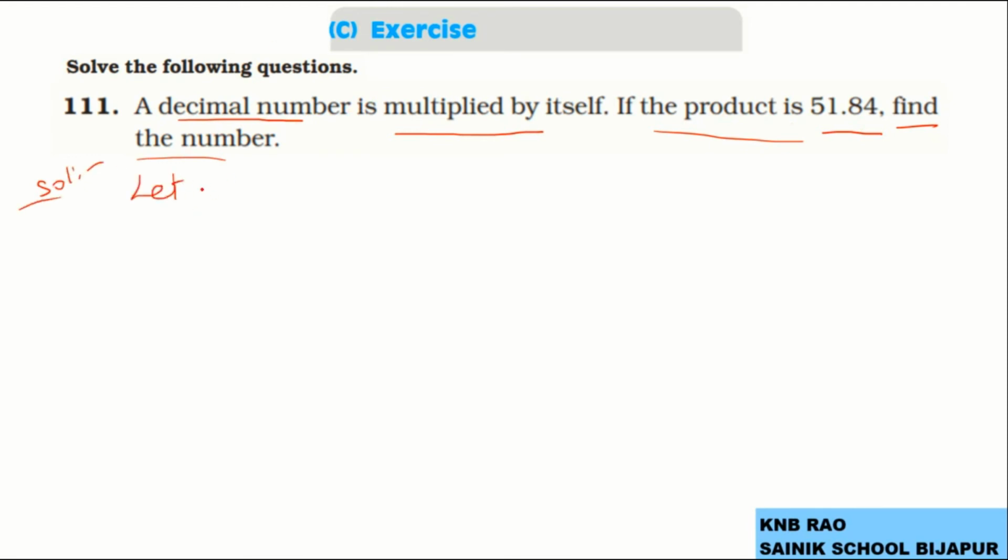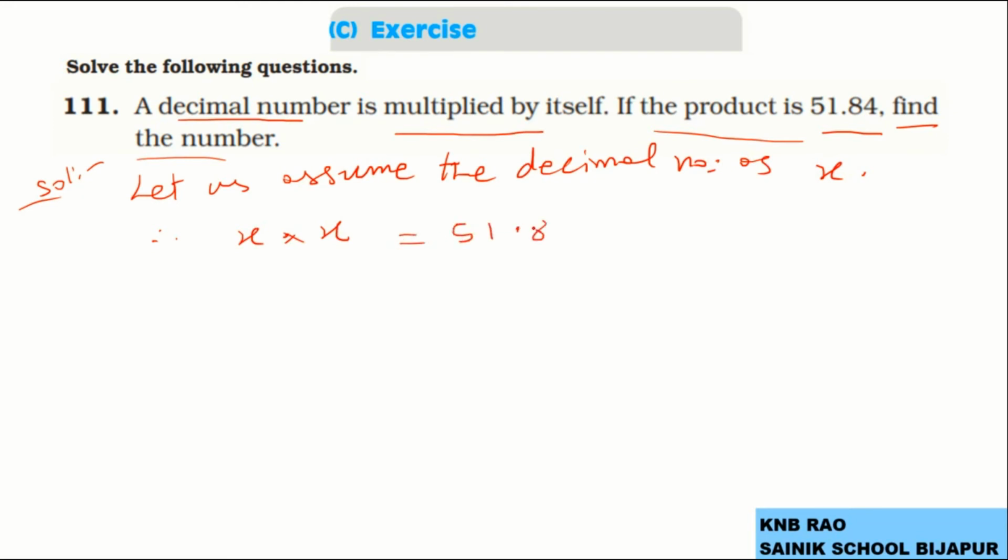Let us assume the decimal number as x. Therefore, x multiplied by x gives 51.84.